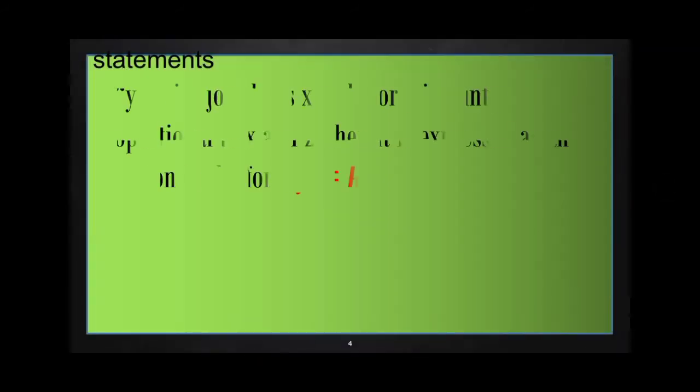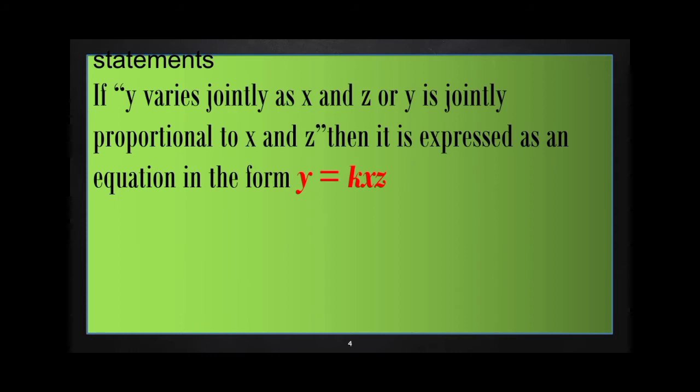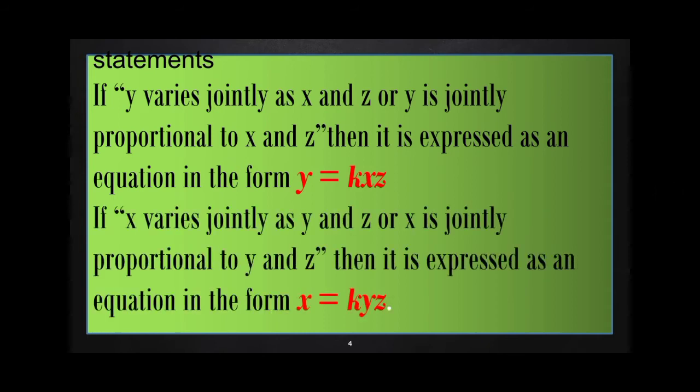So this means that if y varies jointly as x and z, or y is jointly proportional to x and z, then it is expressed as an equation in the form y is equal to kxz. Then, if x varies jointly as y and z, or x is jointly proportional to y and z, then it is expressed as an equation in the form x is equal to kyz.